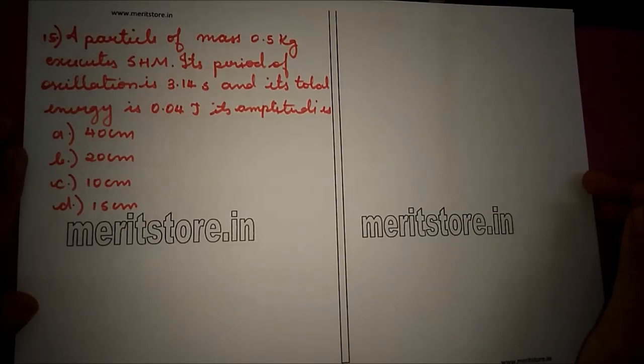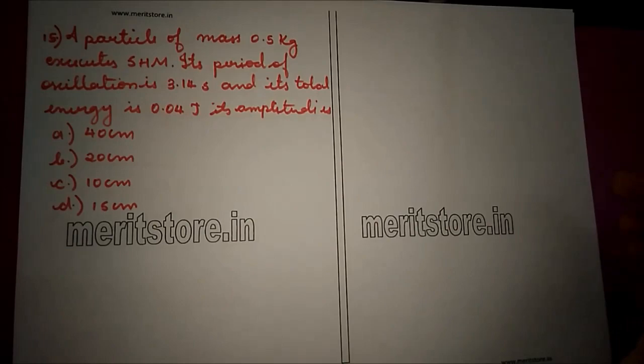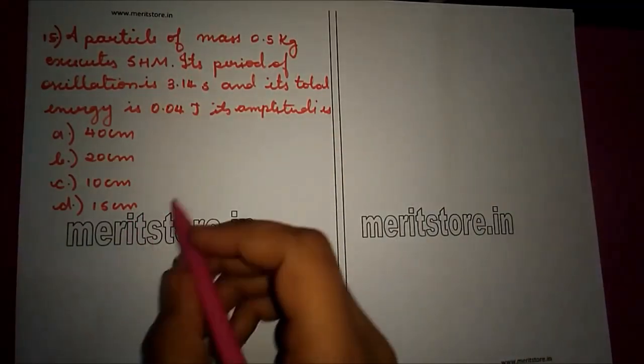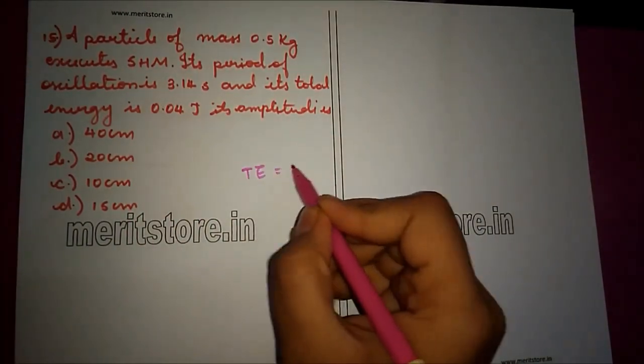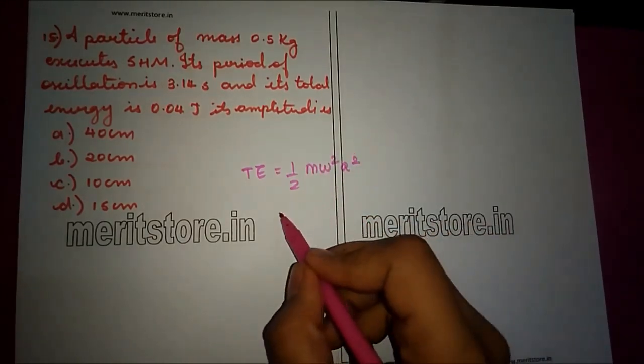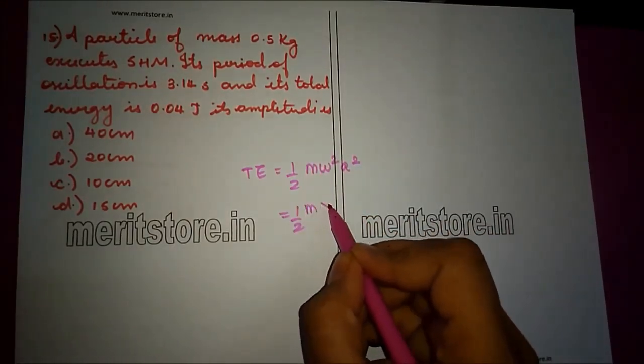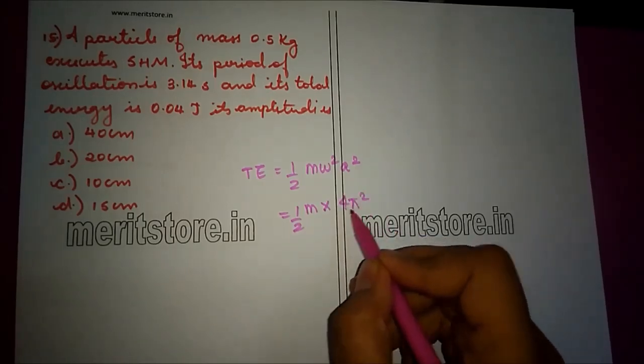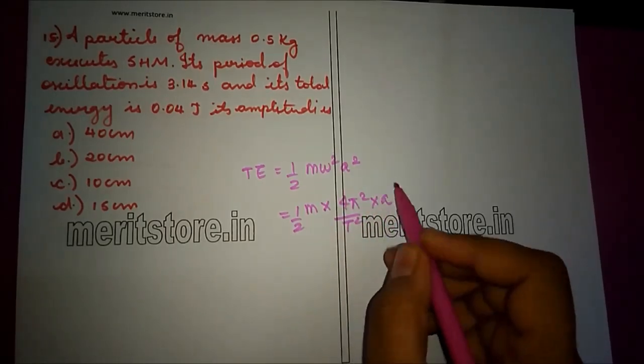A particle of mass 0.5 kg executes SHM. Its period of oscillation is 3.14 seconds and its total energy is 0.04 joules. Its amplitude is, so we know that total energy TE is equal to half m omega square a square, which is equal to half m into 4 pi square upon T square into a square.